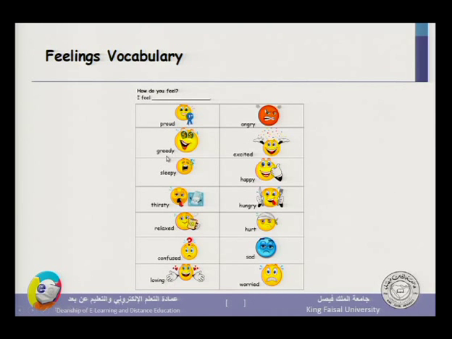We see greedy, طماع, sleepy, نعسان as you see, thirsty, عطشان, relaxed, مرتاح وهادئ, confused, مرتبك, don't understand, loving, حابب, and so on, angry, غضبان, excited, يعني متحمس, happy, سعيد, hungry, جوعان, hurt, يعني مصاب, مصدوم, sad, unhappy, تعيس أو حزين, worried, قلق.